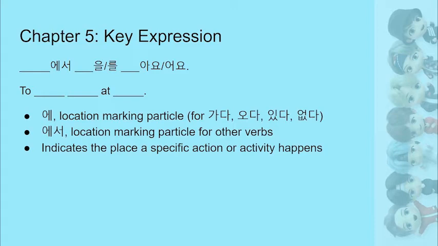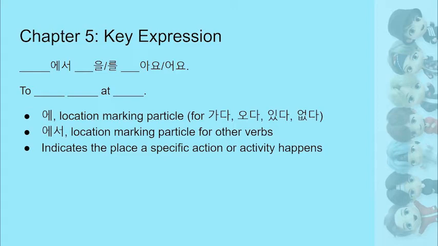Basically, you are putting the location particle 에서 after a place where some sort of action happens. We learned 에 already, which is a location marking particle for verbs like 하다, 오다, and 있다, 없다. So it's for going to a certain place, coming from a certain place, or existing or not existing at a certain place.